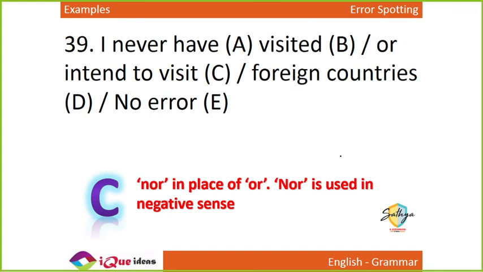I have never visited, nor do I intend to visit. That is fine. But even if you say I have never visited, the or still remains incorrect. Keeping it as I never have is not very bad, but or definitely needs to be replaced by nor. So changing the or to nor is the correction.